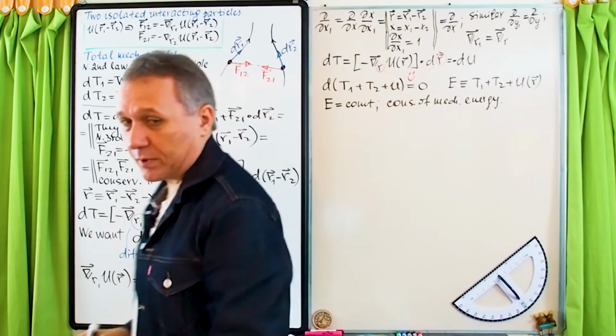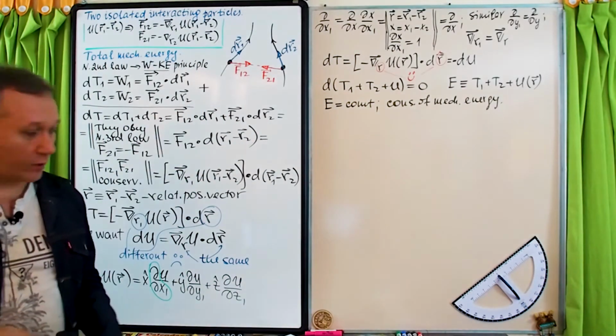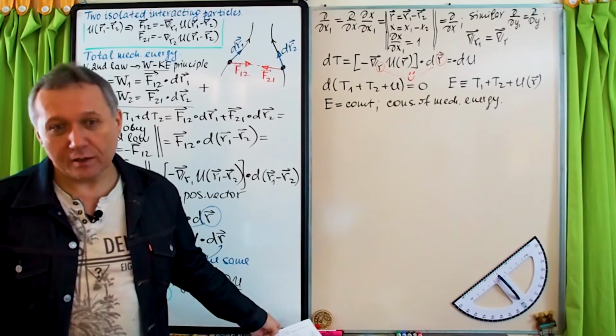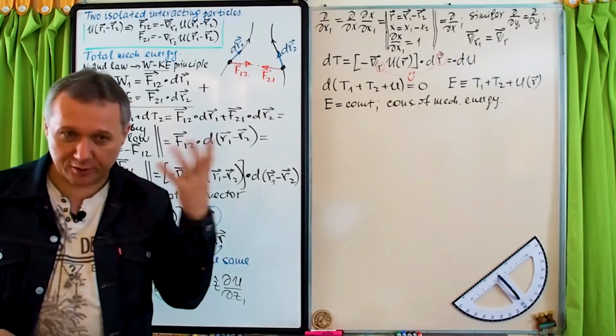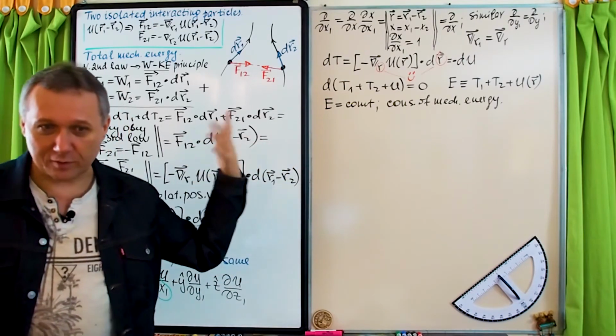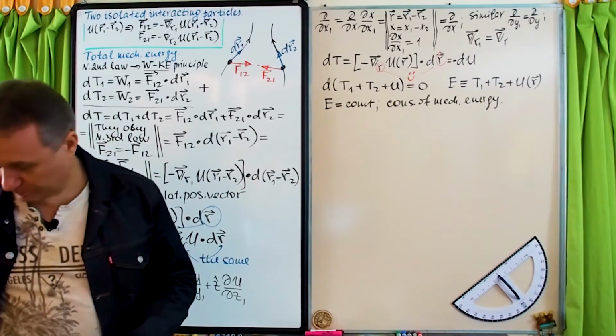As it should be. Of course, this assumes that we don't have losses. But there are no losses because the system is isolated. It doesn't interact with anything external to the system, and losses, of course, come from an interaction with external objects.